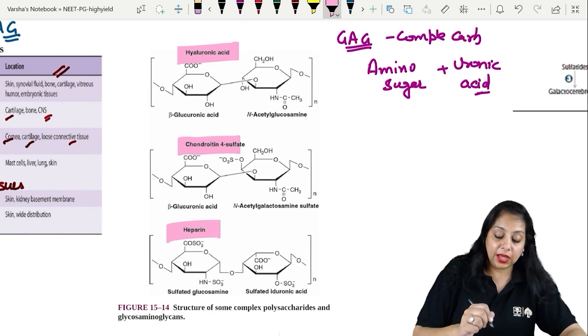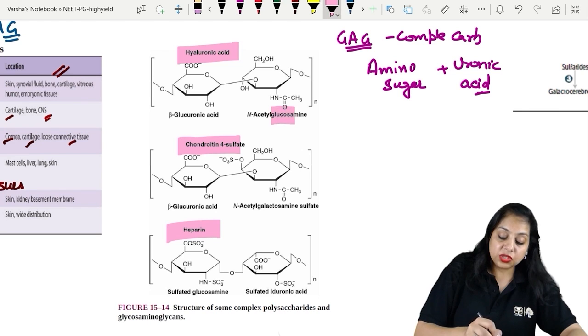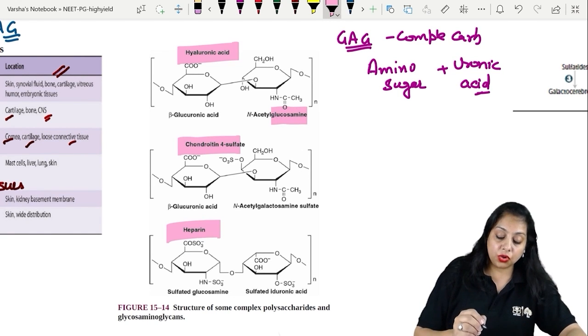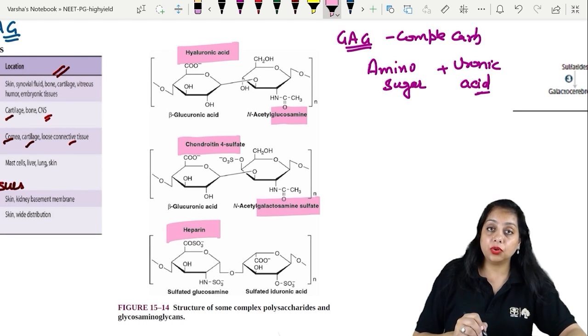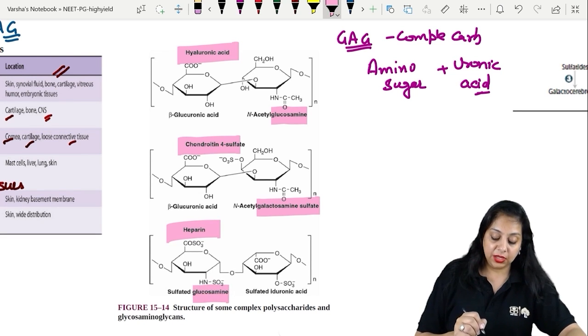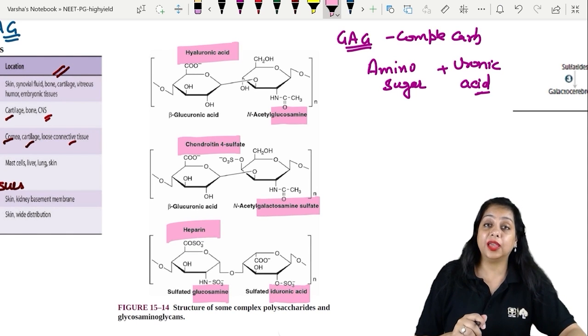If you look at hyaluronic acid, glucosamine is the amino sugar attached with glucuronic acid. For chondroitin sulfate, galactosamine sulfate is there for chondroitin 4-sulfate, and that is attached with glucuronic acid. For heparin, they have sulfated glucosamine and sulfated iduronic acid.